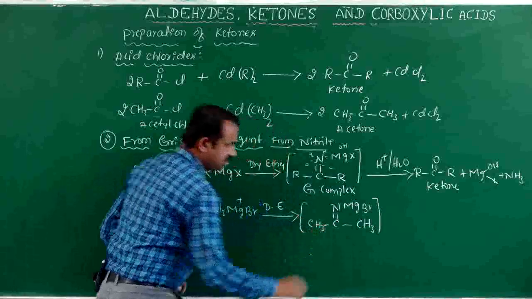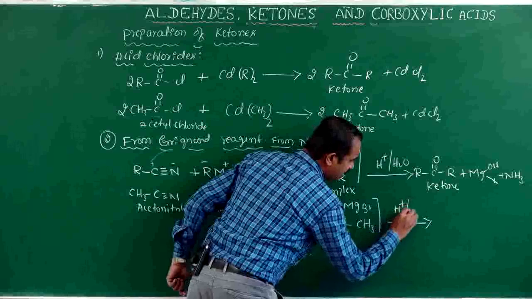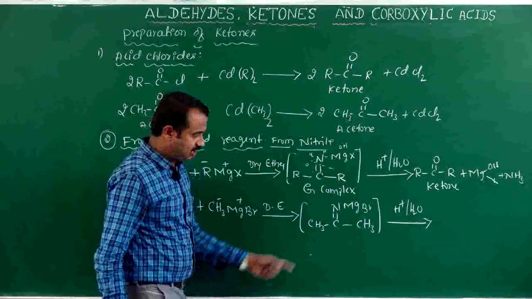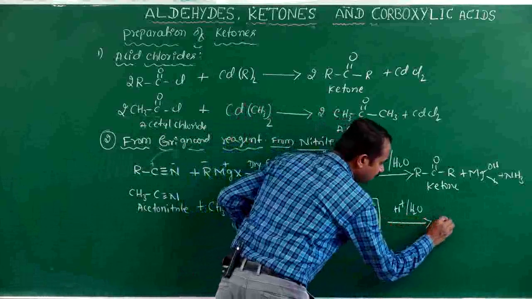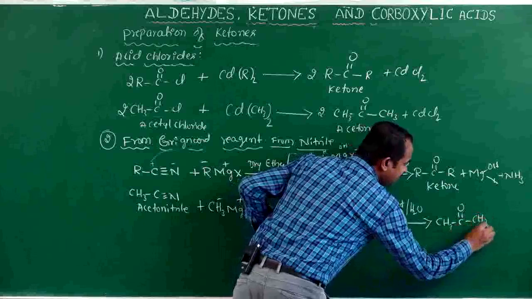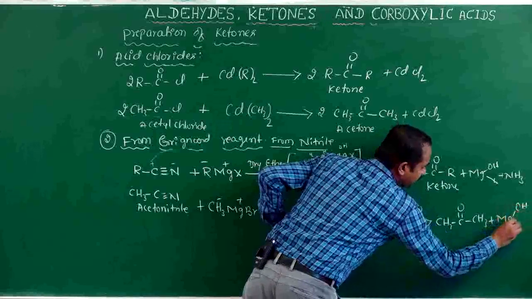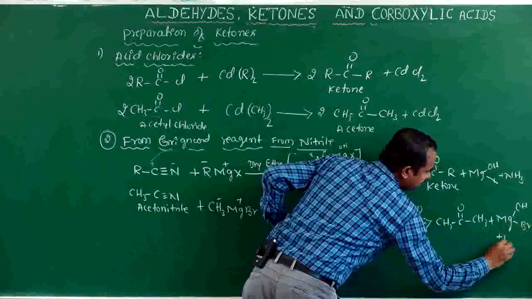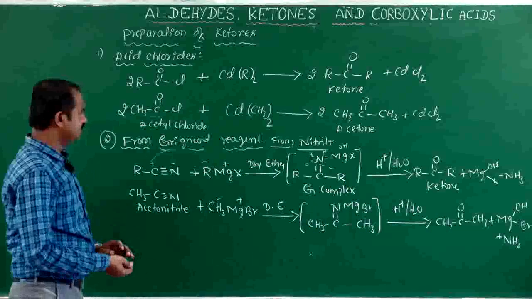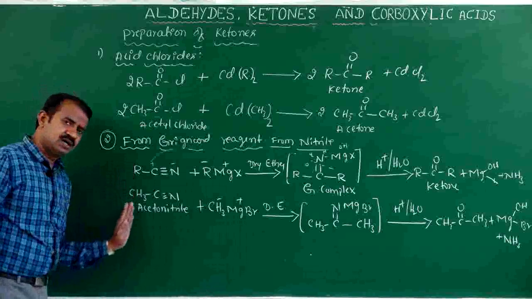This is called the Grignard complex, which undergoes acid hydrolysis to form CH3COCH3 plus Mg(OH)Br plus ammonia. This is the preparation using Grignard reagent from nitrile.